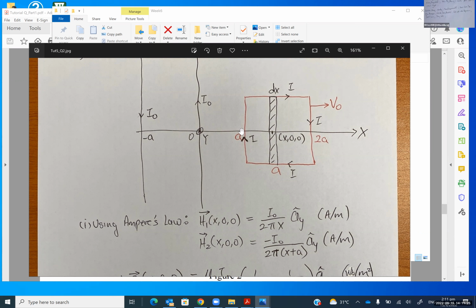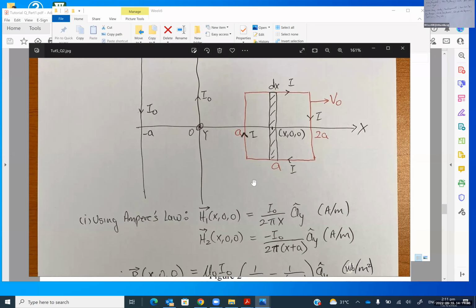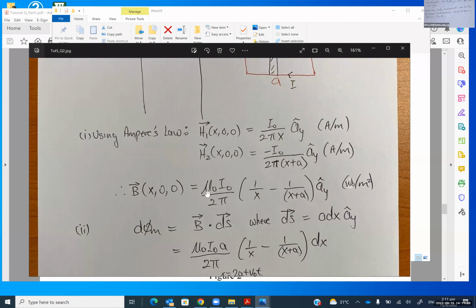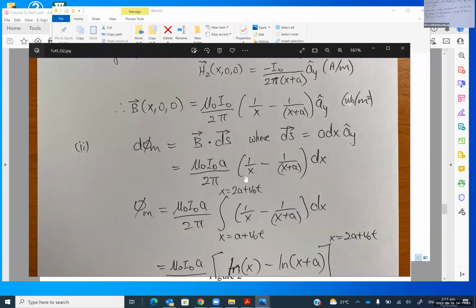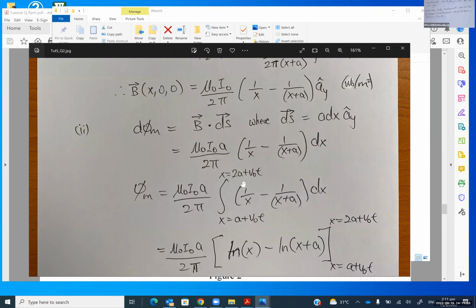At time 0, it starts from x equal to A and ends at 2A. But in general, we need it at any particular time. The left wire will be at A plus V naught T because the whole thing is moving at V naught T, and the end of X will be 2A plus V naught T. So my integration limits are from A plus V naught T to 2A plus V naught T.